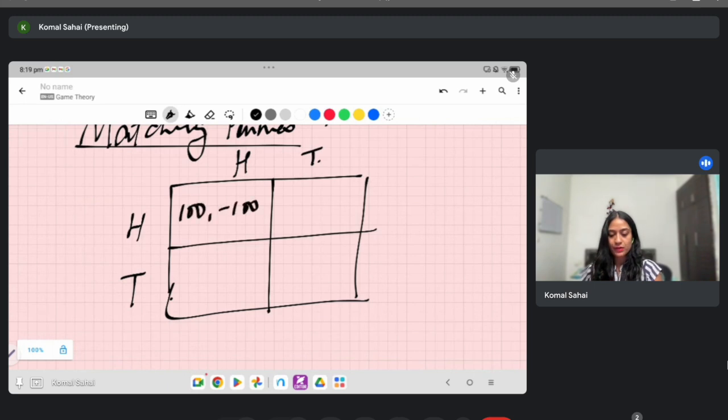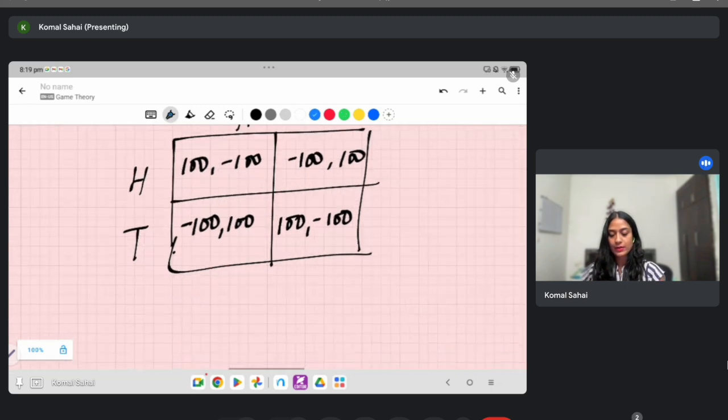If they do not match, then Rahul pays Anjali. Okay, in this case you will find, let's start with one. Suppose you have HH. Let's check HH.